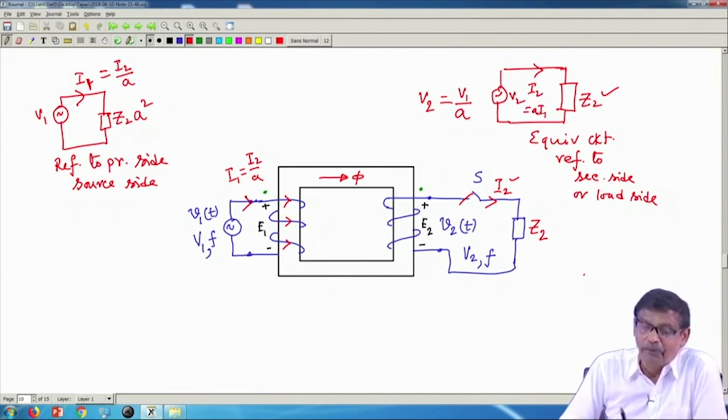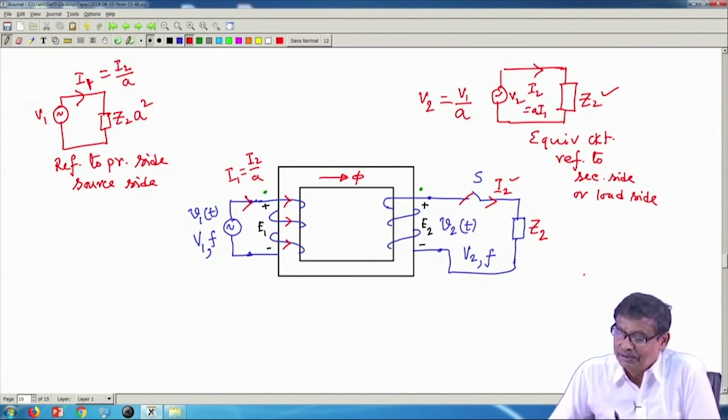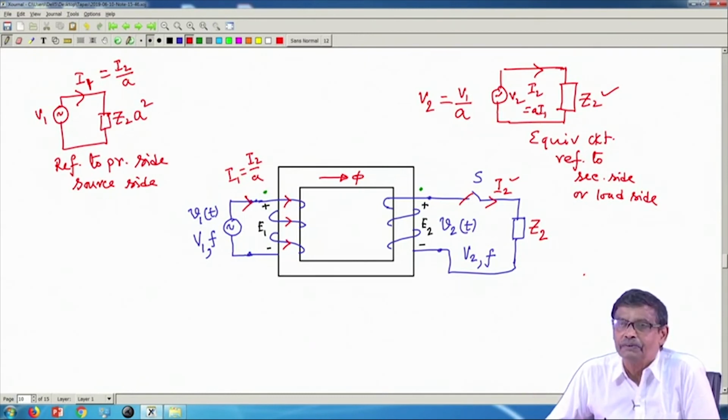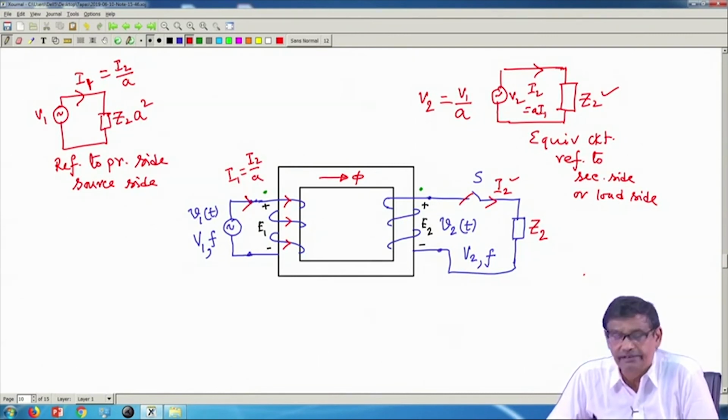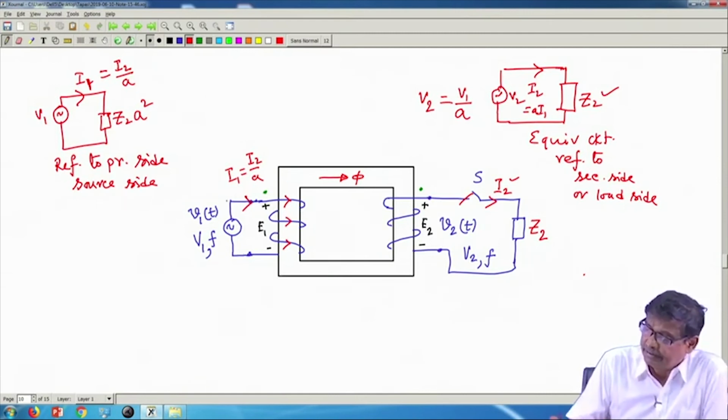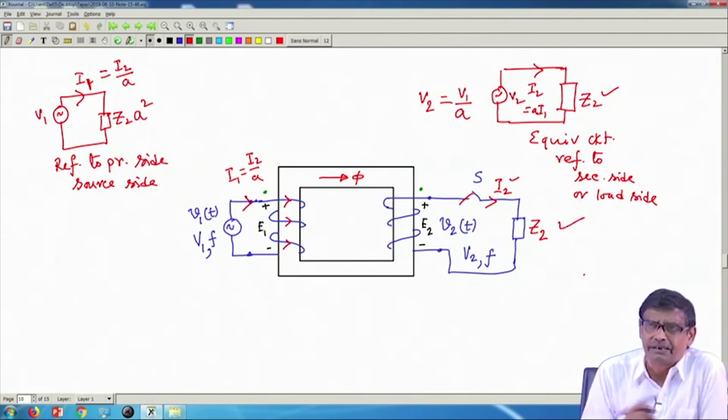Therefore, when you connect a transformer, it will make some given impedance appear as an impedance of different value. Of course, the phase angle of the impedance does not change. Therefore, this is the important thing, and the phasor diagram I have seen already.